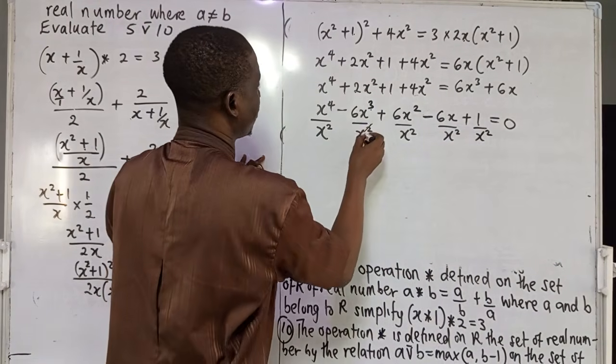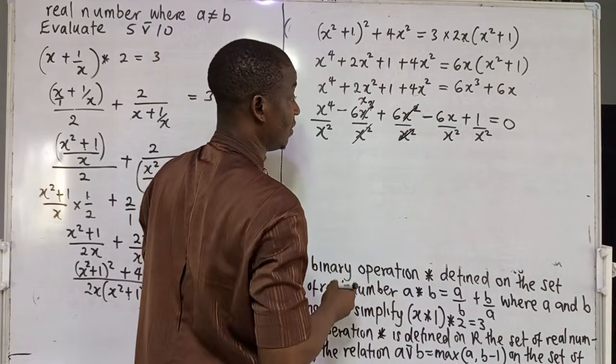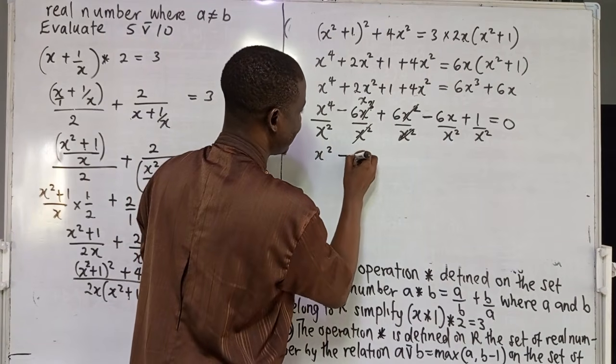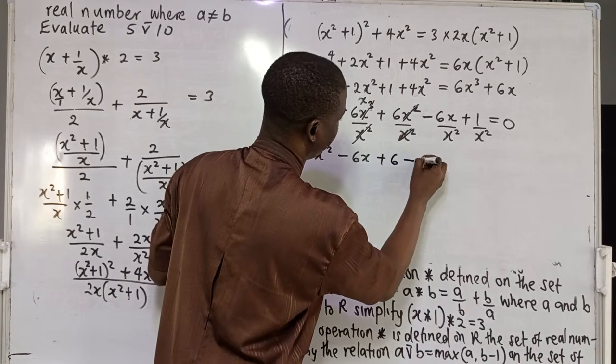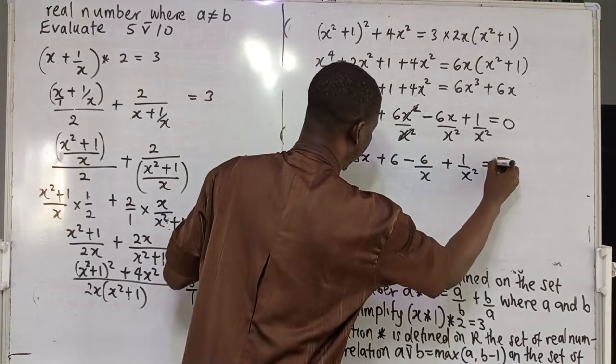If you divide by X squared, this one cancels this one, this one cancels that. So we would have X squared minus 6X plus 6 minus 6 over X plus 1 over X squared equal to 7.